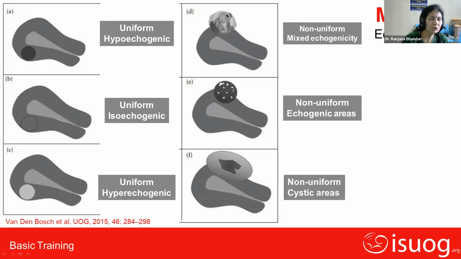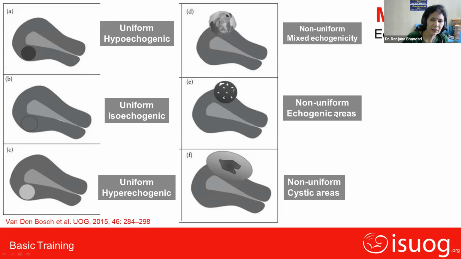Now come to the non-uniform. Non-uniform means heterogeneous, in which this part and this part will not look similar. So non-uniform is again divided into three categories. First is mixed echogenicity. In mixed echogenicity, you are seeing hyperechoic elements as well as hypoechoic elements.